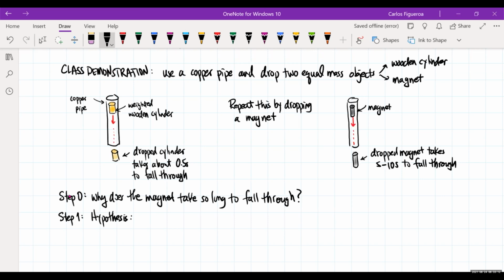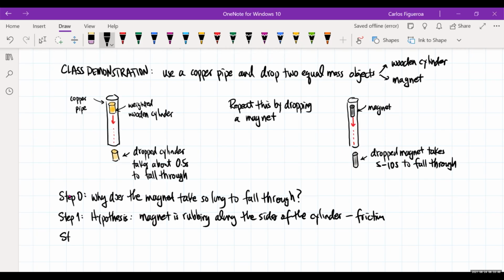The hypothesis is that maybe the magnet is rubbing along the sides of the cylinder. In other words, they're saying that friction is what's slowing down the magnet. And you're going like, okay, if that's the case, what happens if I get a smaller magnet?